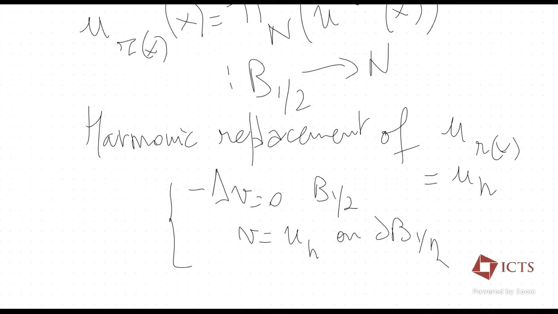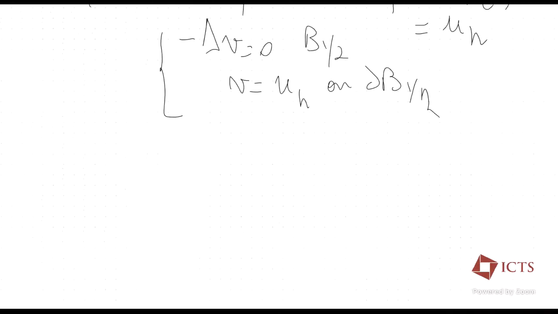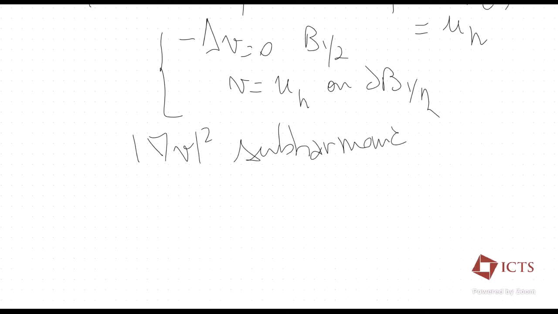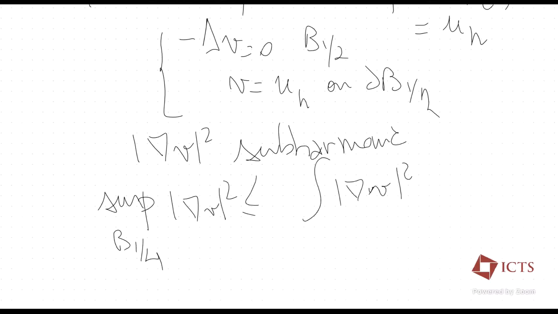But what you gain here is that you know that v is much better than that, because v is harmonic. So in particular, since it is harmonic, its gradient squared is subharmonic, right? So it satisfies many good inequalities, okay? And the sup, for example, in a ball of radius 1/4 of gradient v squared will be bounded by this, right?